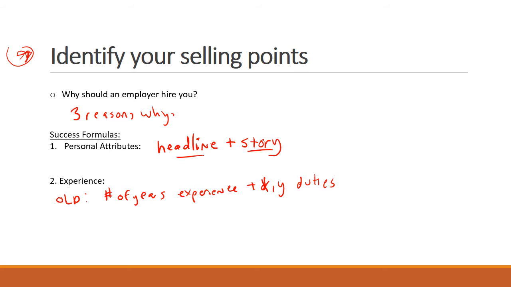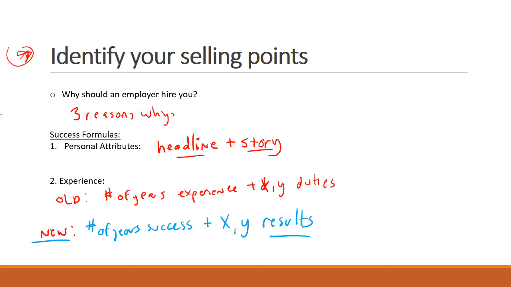So number of years experience plus duties. Here's the new formula, all right? I'm going to put it in a different color too, just to make it new. Okay, new formula. Number of years success bringing X and Y results.